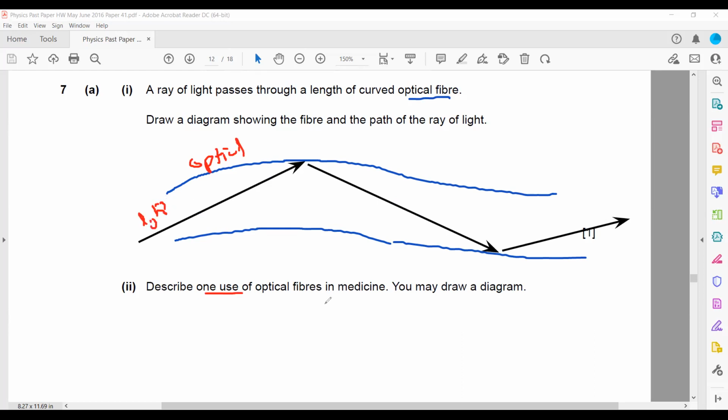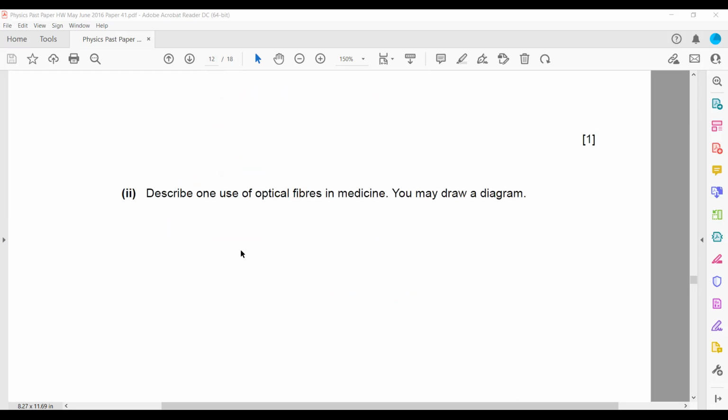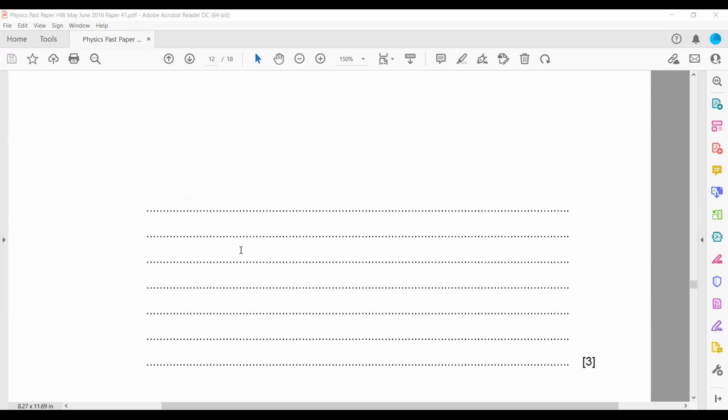Describe one use of optical fiber in medicine. You may draw a diagram. So how can we use optical fiber in medicine? We can use it in endoscopy, and see the weightage of the question. It is of 3 marks. So we can use endoscopy to examine the internal parts of the body.